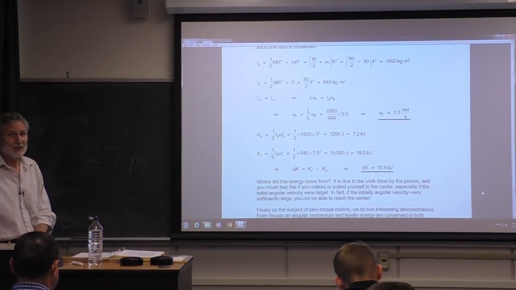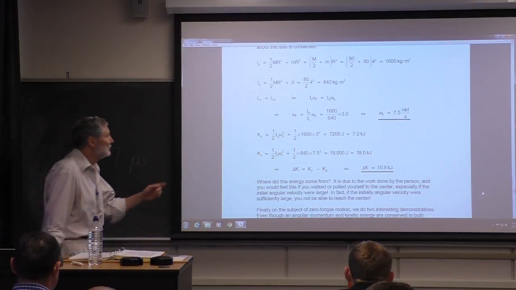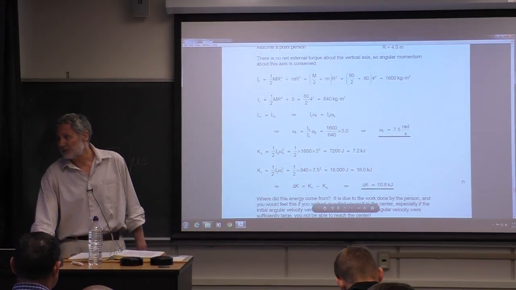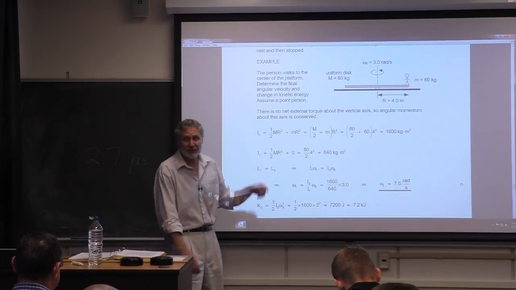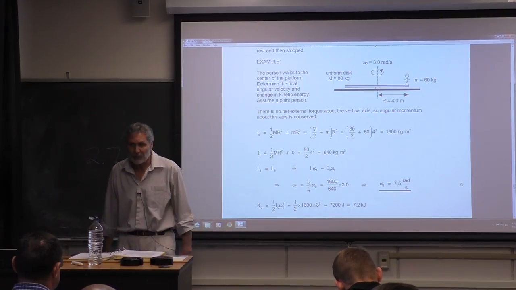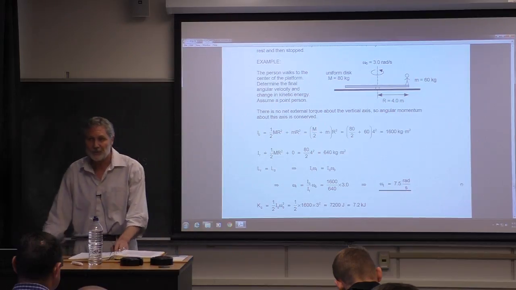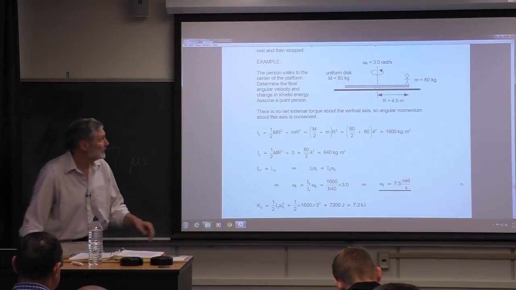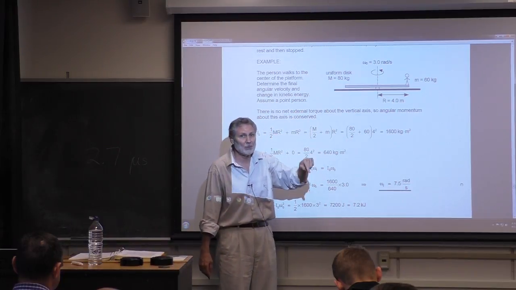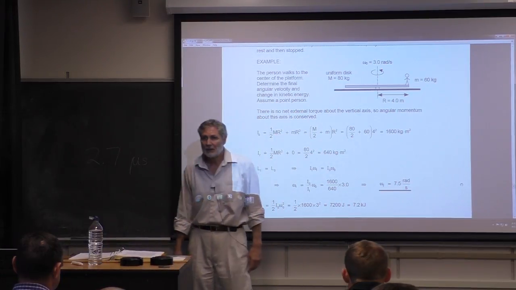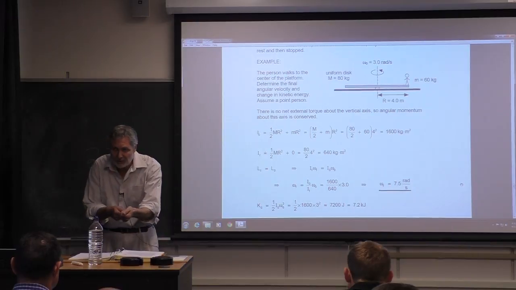And where does that energy come from? Well, believe me, if you were the person doing this, you would have no doubt where that energy comes from. It takes effort to walk to the center. You have to exert force through a distance. You're doing work. In fact, if the initial angular velocity was sufficiently fast, nobody would be able to walk to the center. And it doesn't have to be walking.